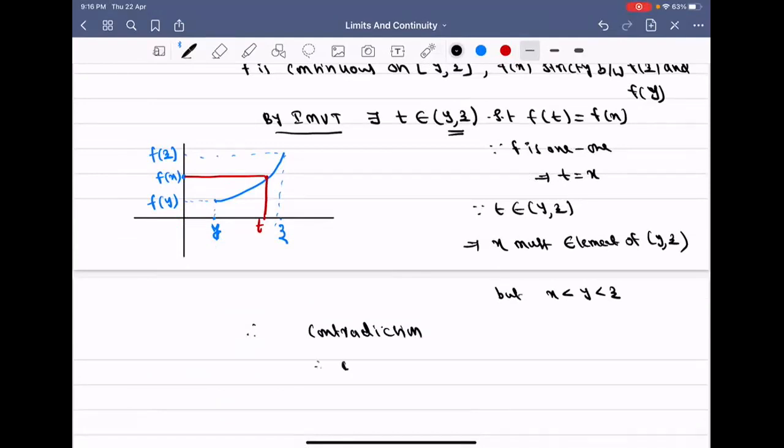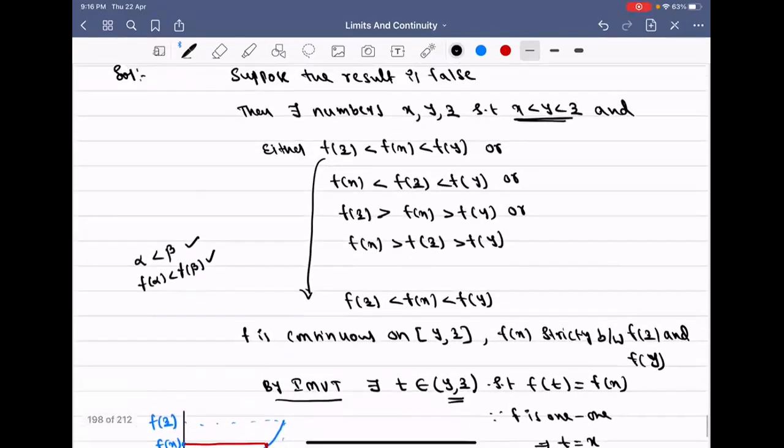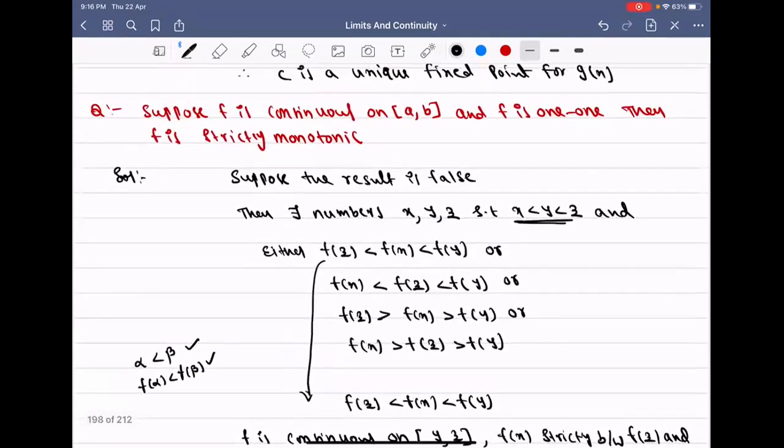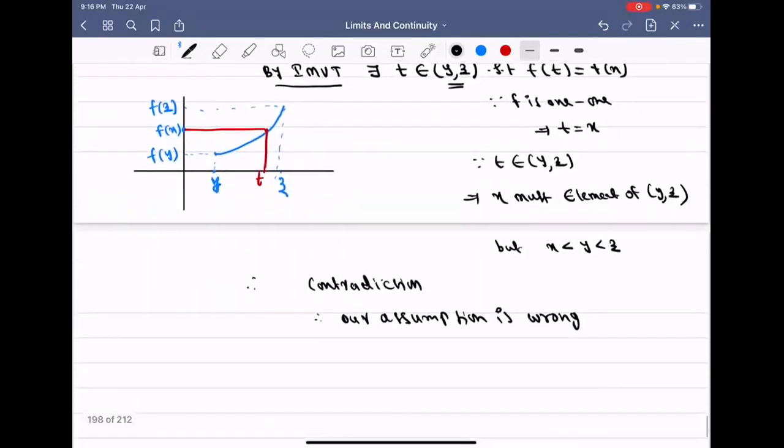Therefore our assumption is wrong. What was our assumption? That f is not strictly monotone. Therefore f is strictly monotone. So this is the proof.